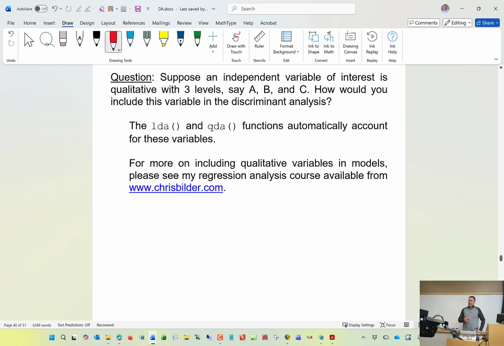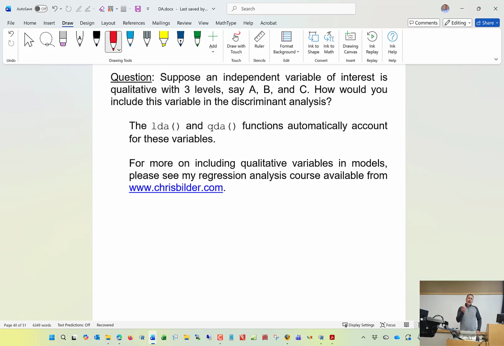So here's a question for you. Suppose I have an independent variable of interest that's categorical or qualitative in nature with, let's say, 3 levels, A, B, and C. I could include that in my discriminant analysis.